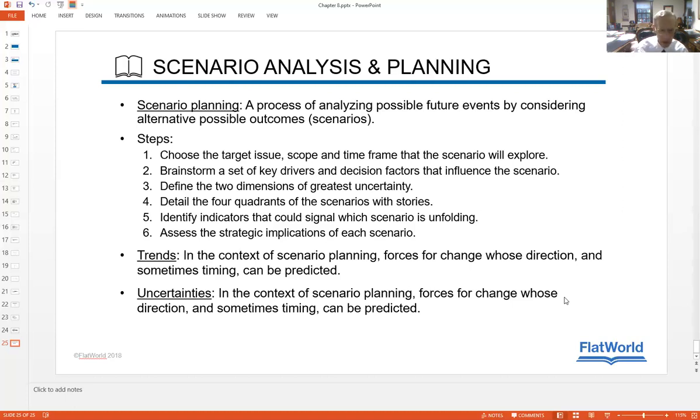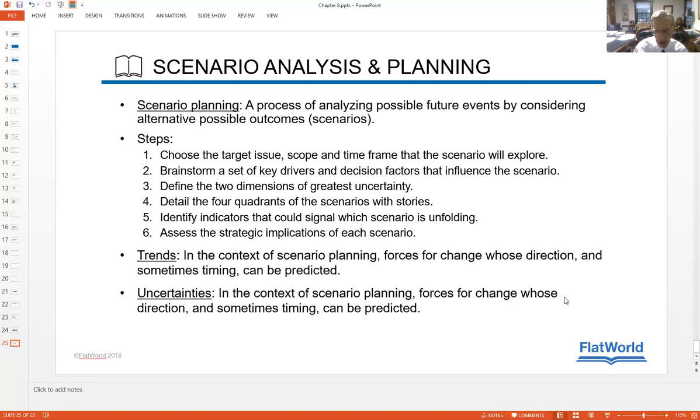And then fourth, you spell out the combinations of plus or minus on each of 2 dimensions, and you get 4 quadrants. Then fifthly, identify indicators that could signal which scenario is unfolding favorably or unfavorably among those 4. And then assess them, draw your conclusions.